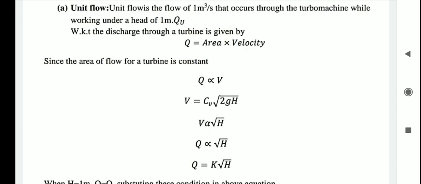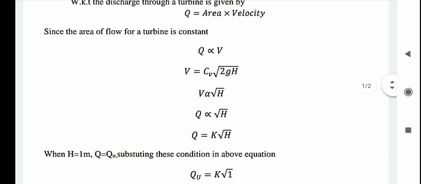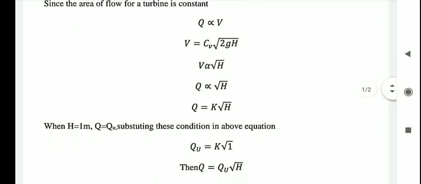V equals CV into square root of 2gh, so V is proportional to square root of h, then Q is proportional to square root of h. Removing the proportionality sign, Q equals K into square root of h, where K is a proportionality constant. Taking h equals 1 meter and Q equals QU, we get QU equals K into square root of 1.